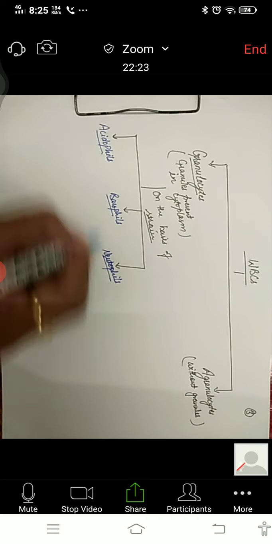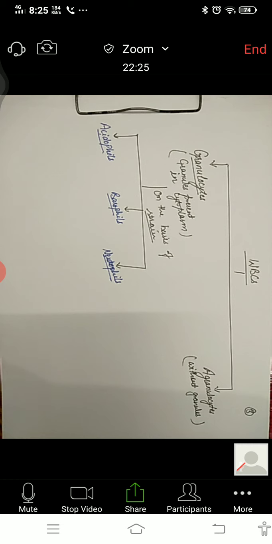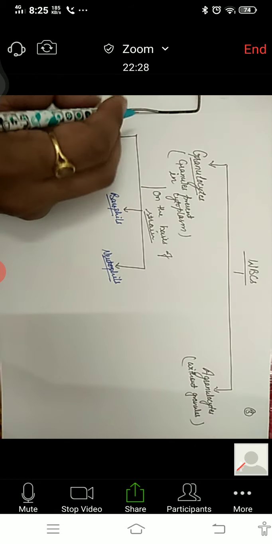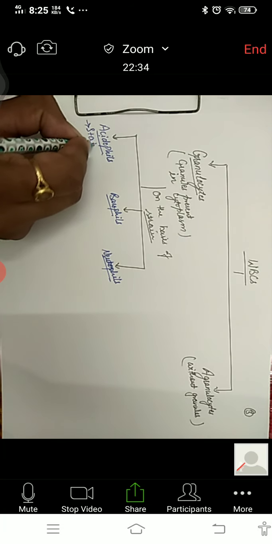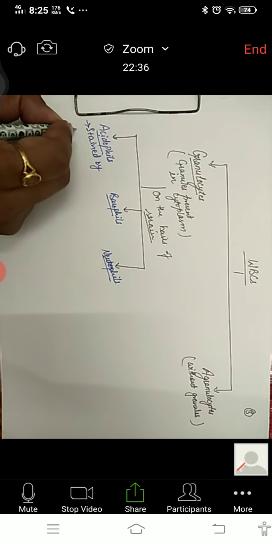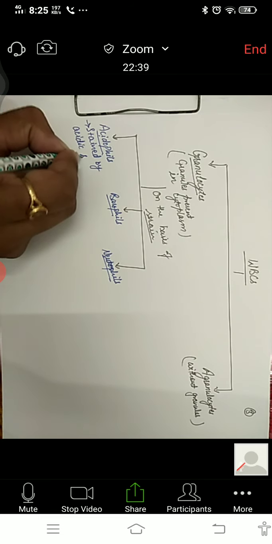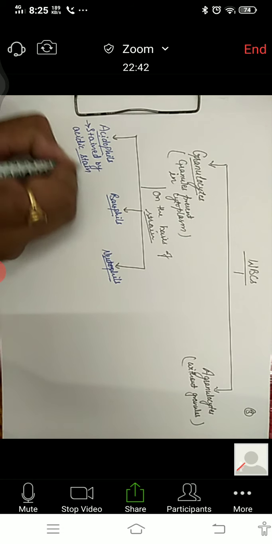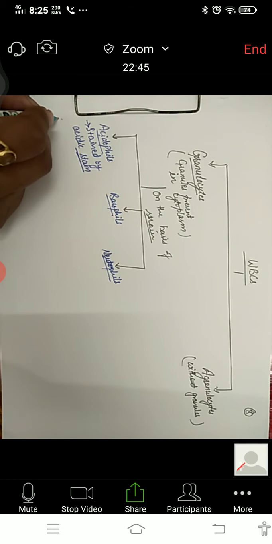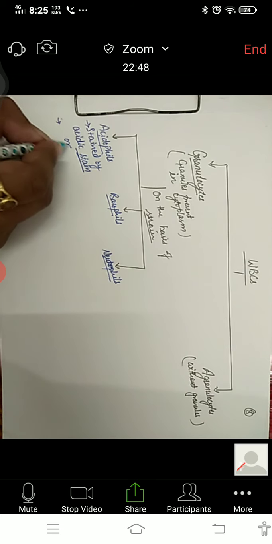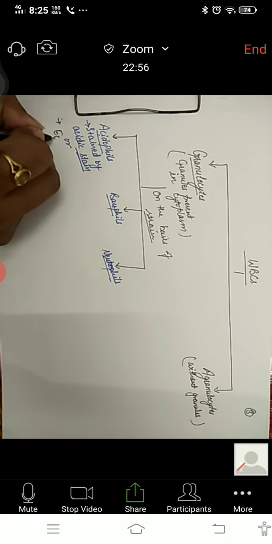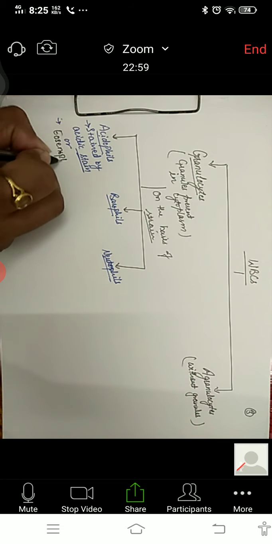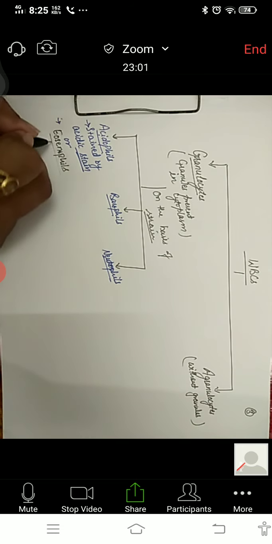The name acidophils suggests it is acidic in nature, meaning stained by acidic stain. So it is also called eosinophils.